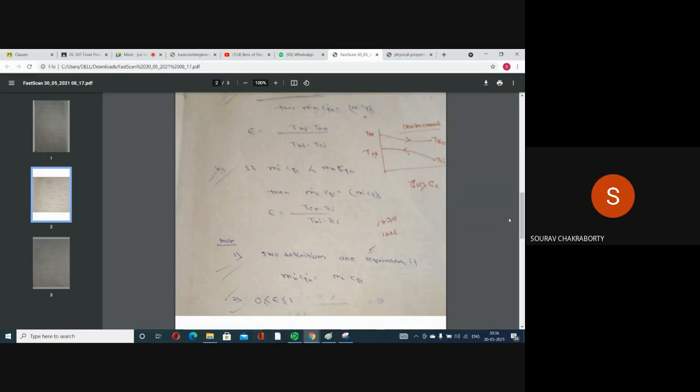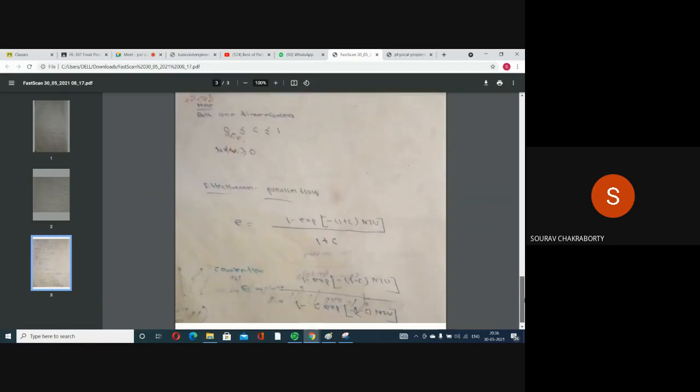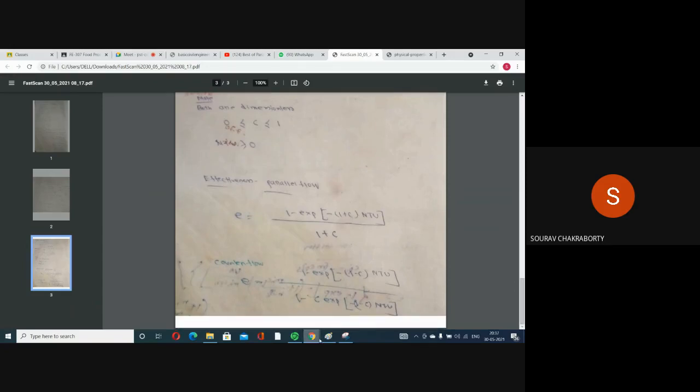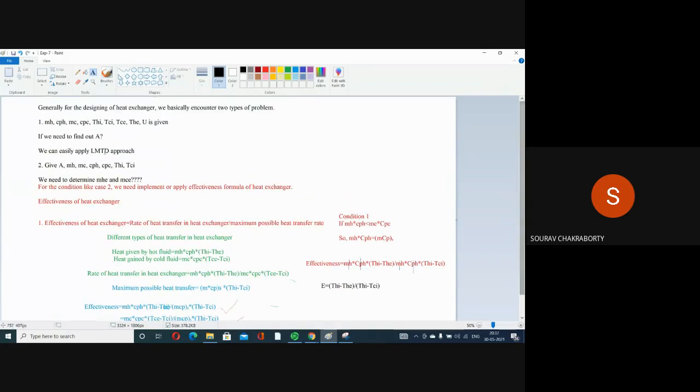Now we'll see the second way of finding out effectiveness. The effectiveness can be found out in another way. Let me erase this.